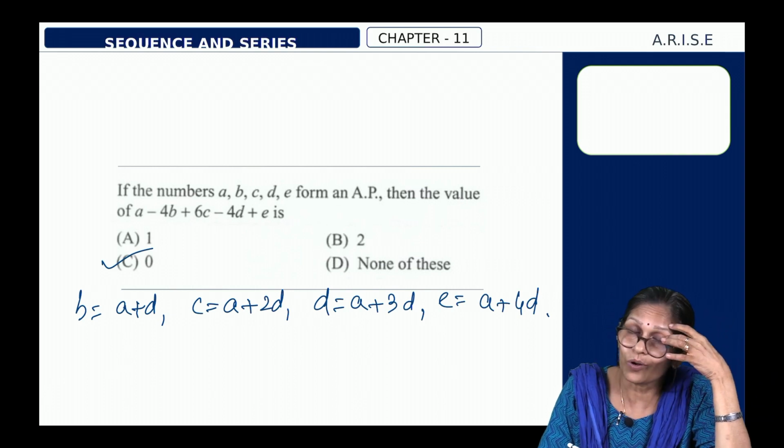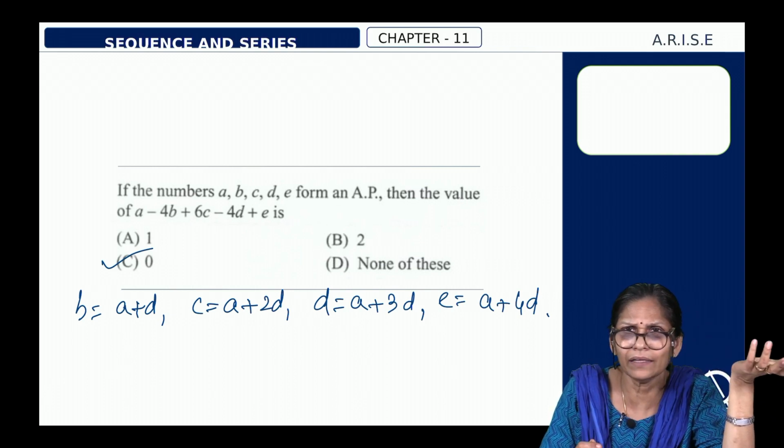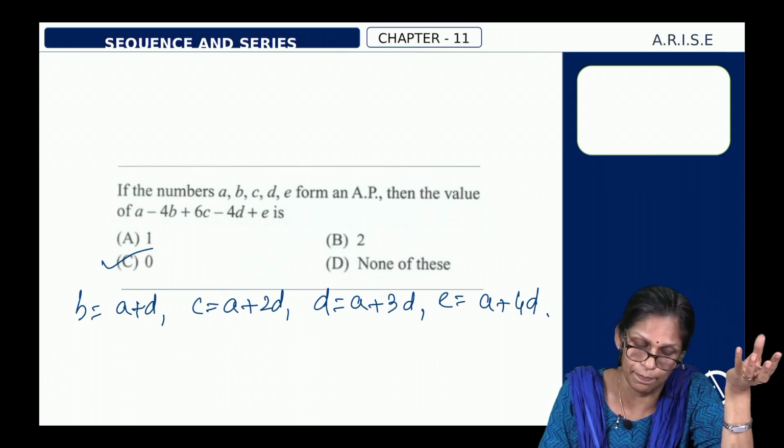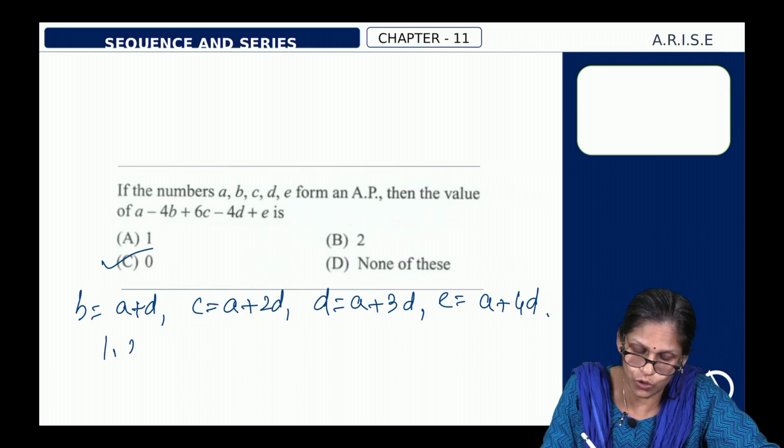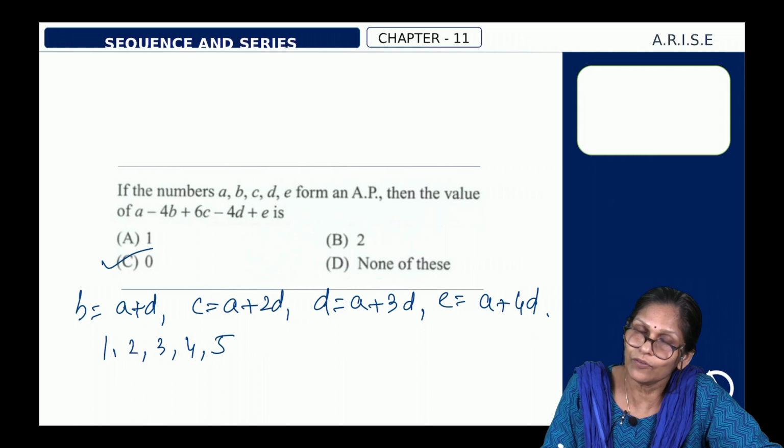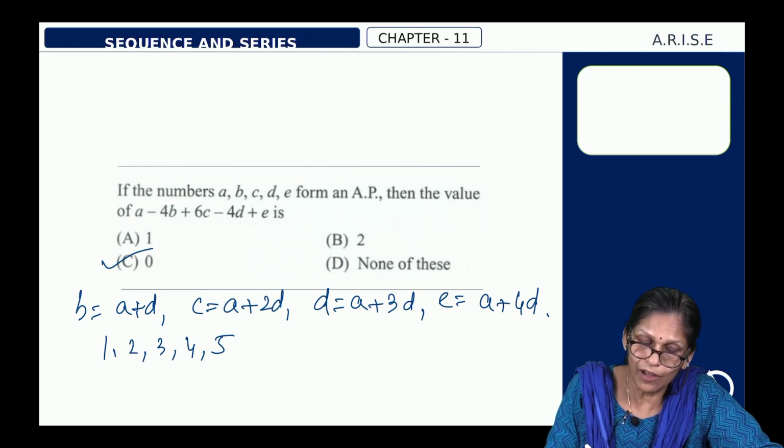But otherwise also, let us try and make this simple, because the options are given to you. Take a simple AP consisting of 5 terms. Let it be 1, 2, 3, 4, 5. So, these are the values of A, B, C, D, E. If these are the values, what would be the value of our expression?